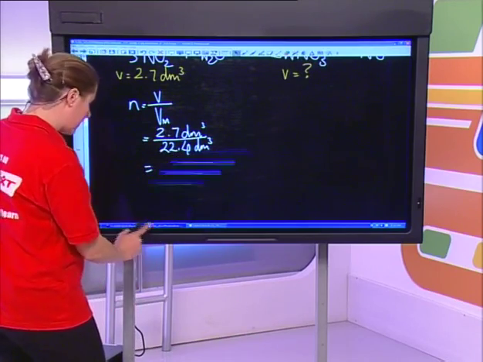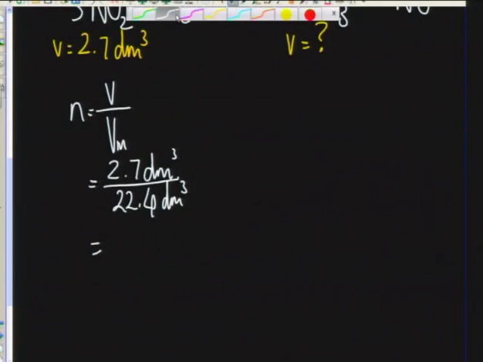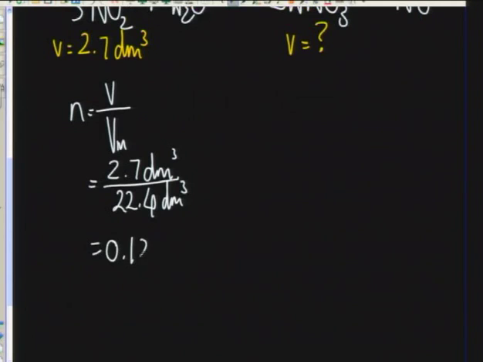Now let's find our calculator and work it out. It was 2.7 divided by 22.4, giving me my answer. Let's have it as a decimal, 0.12. So going across here, 0.12, and it's going to be moles of NO2, because that's what I was working with.